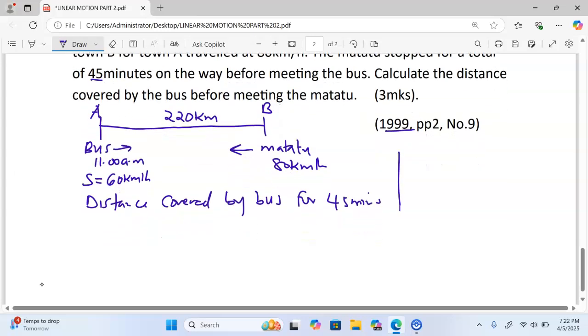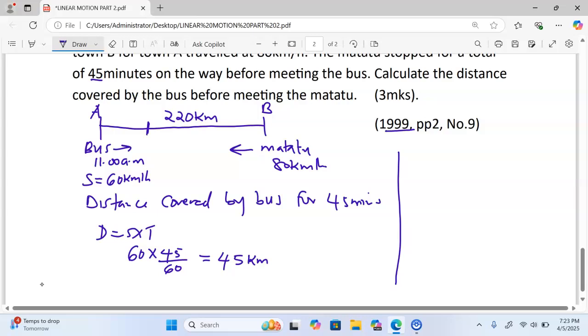Distance is given by speed times time. The speed for the bus is 60. We multiply by the time, which is 45 over 60. And this is going to give us 45 kilometers, because 60 and 60 will cancel, leaving us with 45 kilometers.